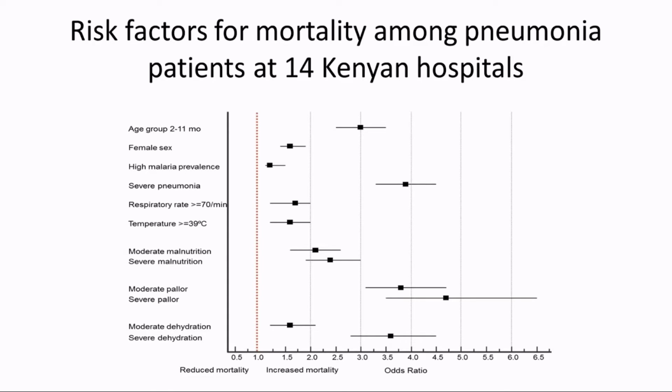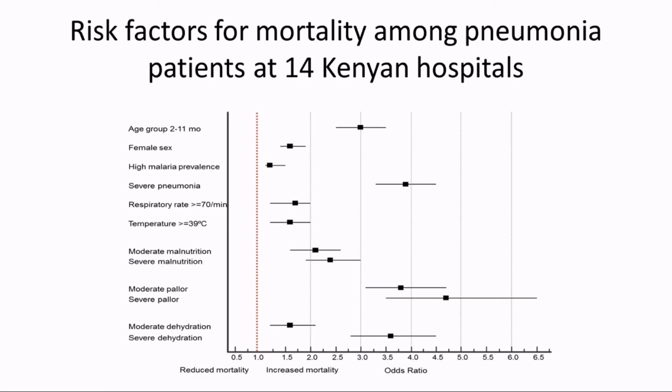And there is some supportive evidence from other reviews that some of these risk factors might increase mortality, and this should perhaps form a basis for the WHO seriously reevaluating the classifications of pneumonia, particularly in high mortality settings such as sub-Saharan Africa.